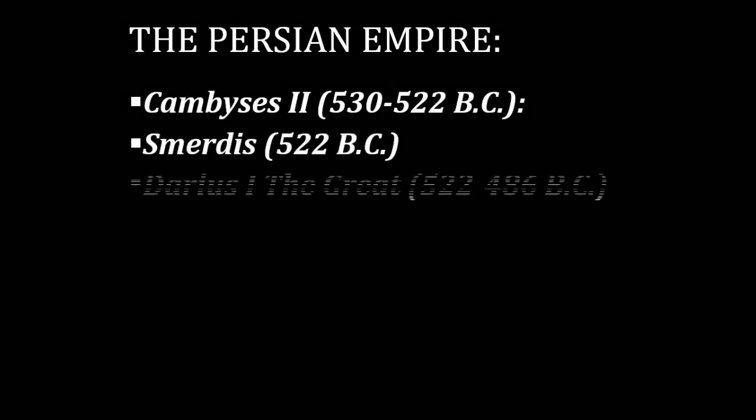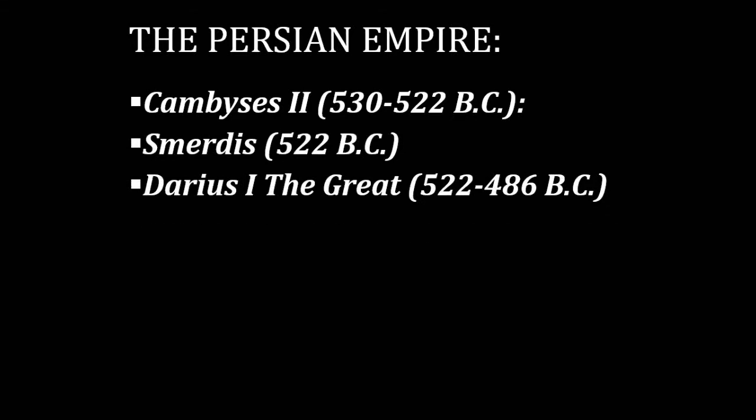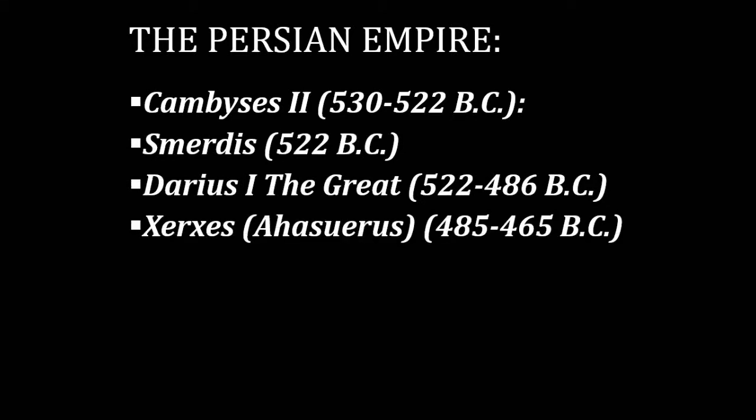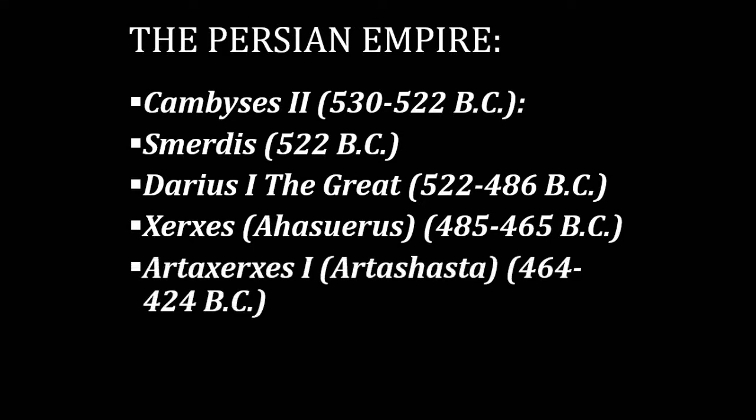And then in a series of reigns, we have Cambyses II, Smerdis, Darius I the Great, Xerxes, also known as Ahasuerus, and then Artaxerxes, also known as Artashasta. Some of these names kind of throw us off that they have two names, but for many of them it was their regal name. Tiglath-Pileser was actually a name that was taken over from a predecessor.